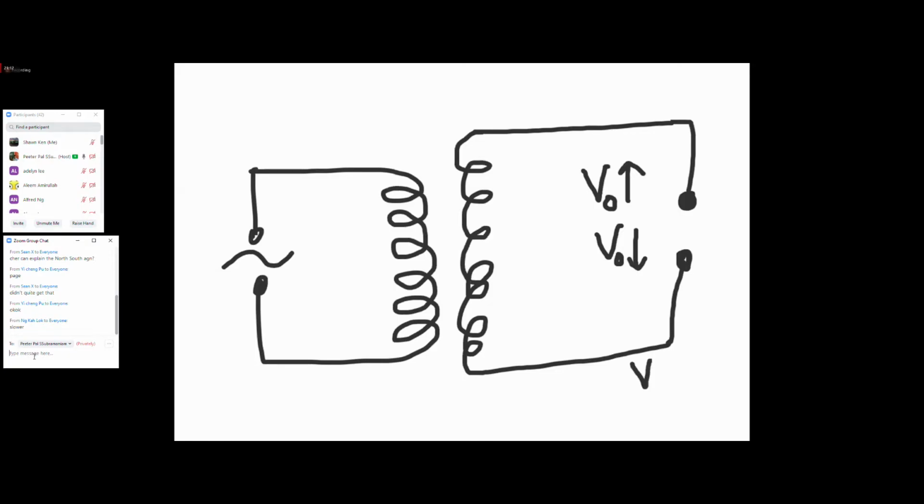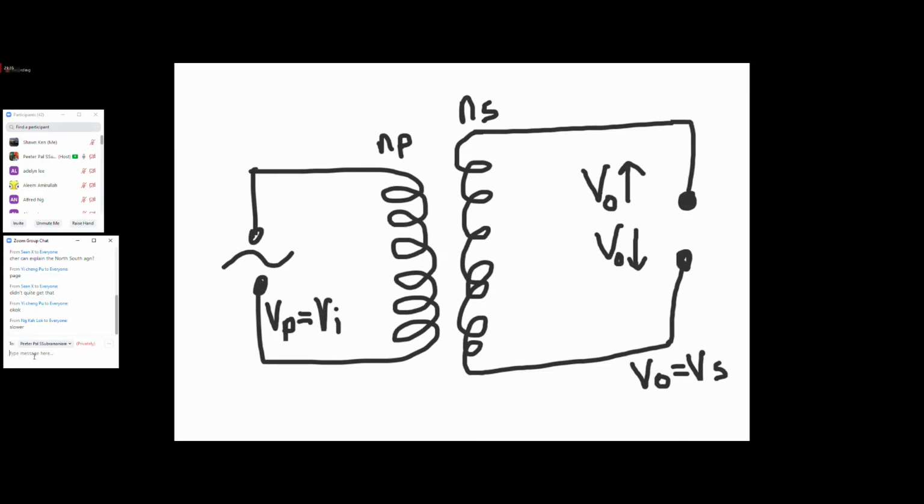Output voltage is called secondary voltage. This is the number of turns in the primary coil, number of turns in the secondary coil. The primary voltage is called the input voltage.